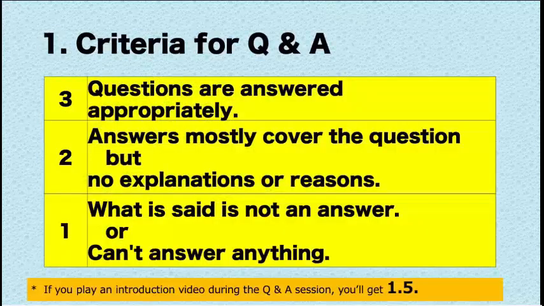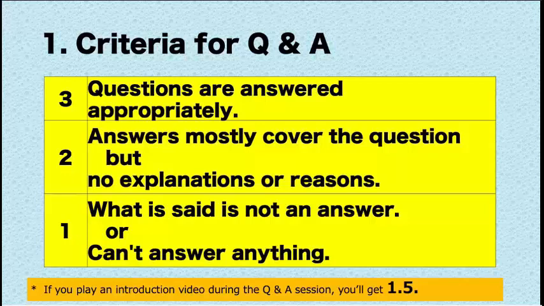First, criteria. If you want to get full score, point 3, you need to answer appropriately. You need to show examples or reasons. And if your answers mostly cover the question, but there's no explanations or reasons, your score will be 2.